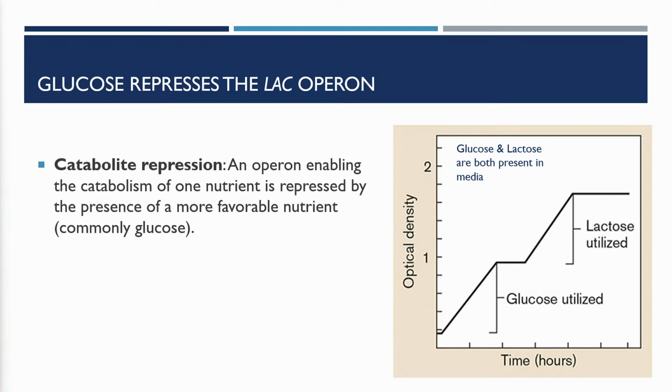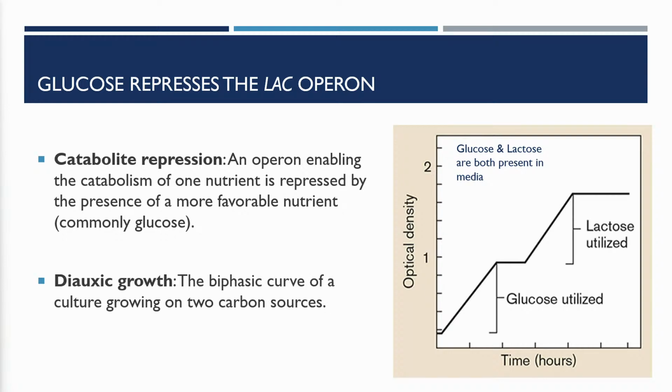So then the lactose is utilized, and then once that's utilized, all of it stops, and then it's retooling its genetic program again to utilize something else. So this biphasic curve of a culture growing on two carbon sources is called diauxic growth.